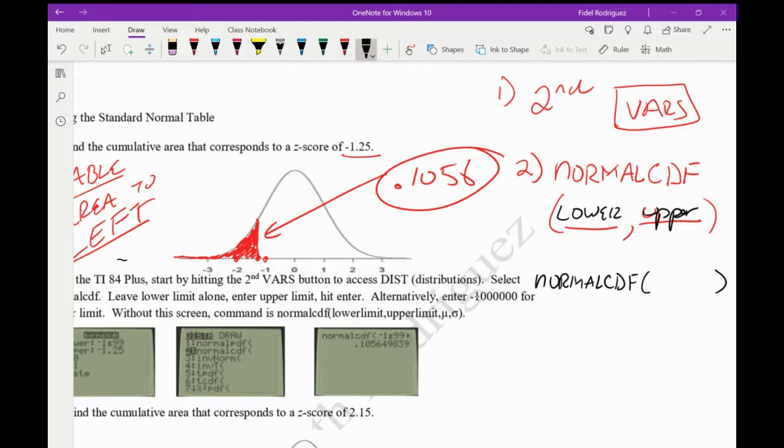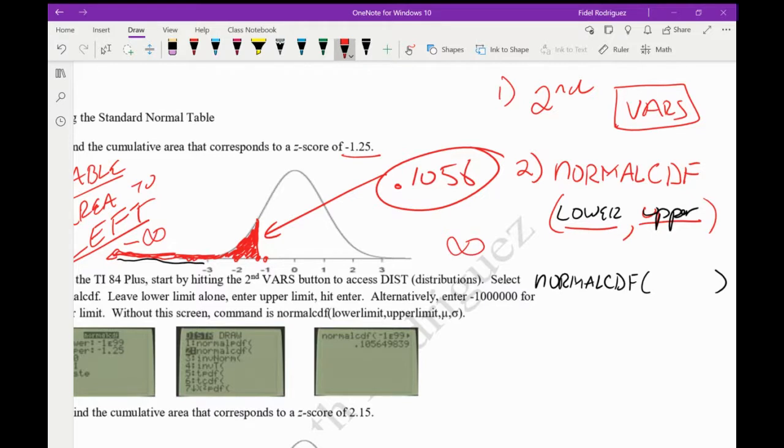I want you to think about this picture for a minute. Remember, I'm looking for the area to the left of that number. So I'm trying to find all this area all the way over here to the left. Since I'm going all the way to the left forever, that's like a negative infinity. If I were to move to the right forever, that would be like a positive infinity.